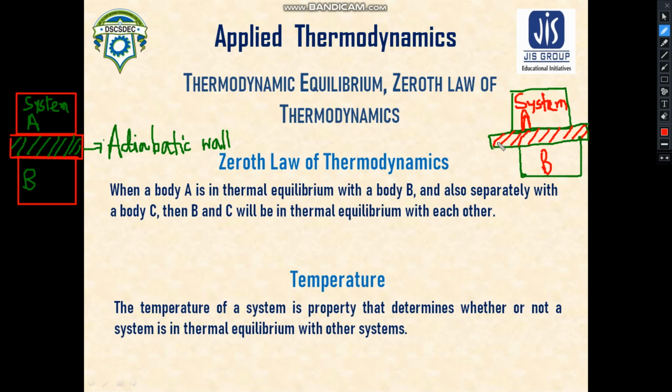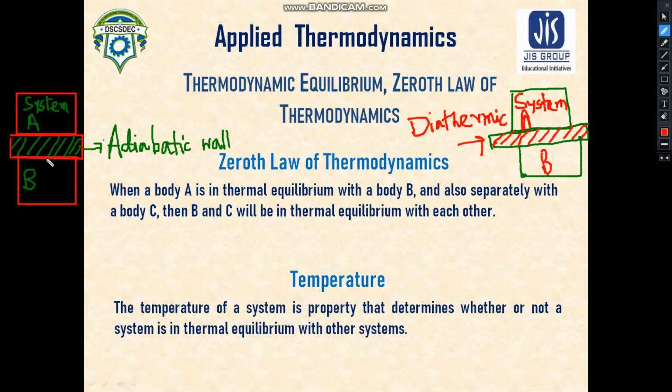So this is diathermic. I hope you are able to understand the spelling here. Diathermic means it allows heat to transfer from one system to another.